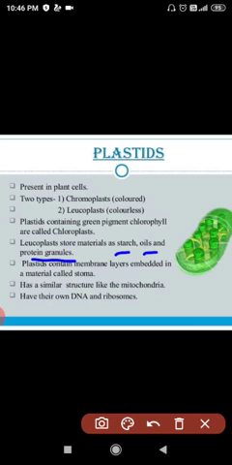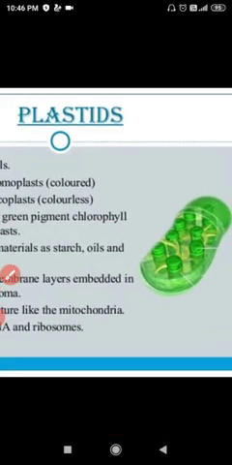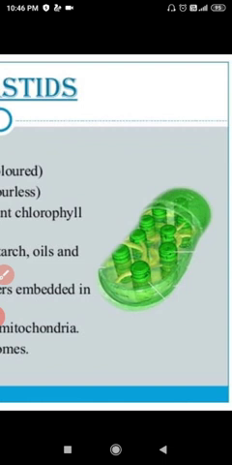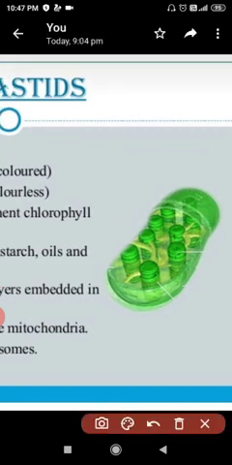Okay, now just look here, try to understand the structure. This is the structure of what? Plastid, or we can say chloroplast. As you are seeing here, these are disc-like shapes, right?